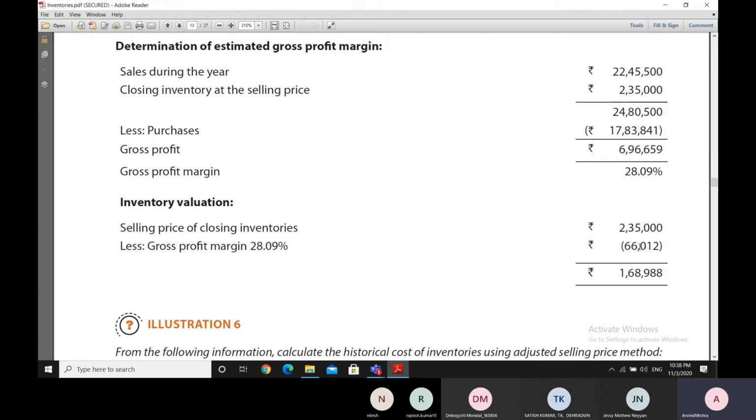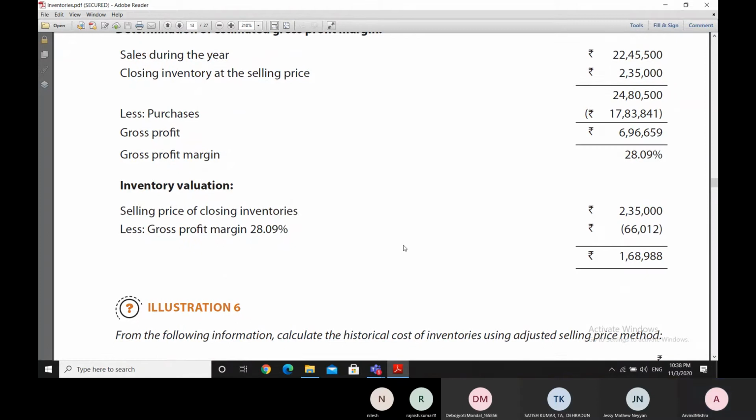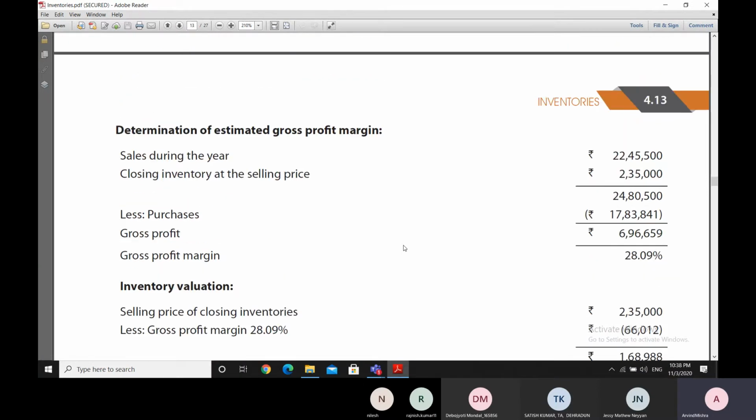And we reduce the gross profit margin from the sales price of the closing inventory to get the valuation of our inventory, which is there with us, which is equal to 1,68,908. So this is a method where gross profit margin has to be reduced from the selling price of the closing inventory.